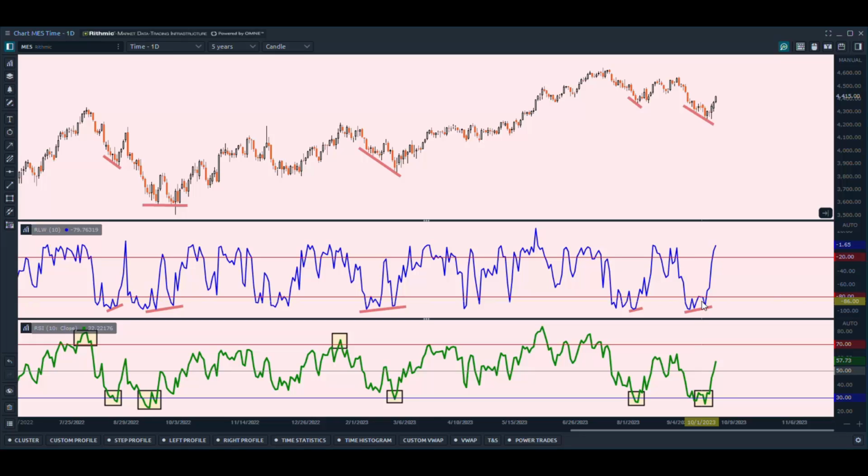So hopefully this video was helpful in understanding the advantage of using the percent range, especially when using it with the RSI. It is an indicator that you really want to search for divergence, and it's a great indicator if you use it correctly. One of the biggest problems with indicators in general is a lot of people don't know how to use them correctly, and they start using them in the wrong way, and they get burned.